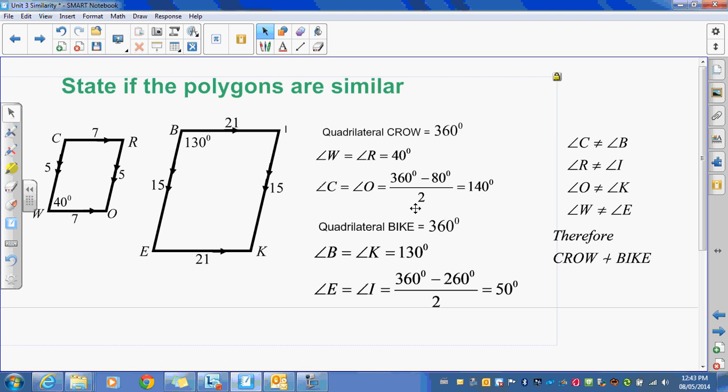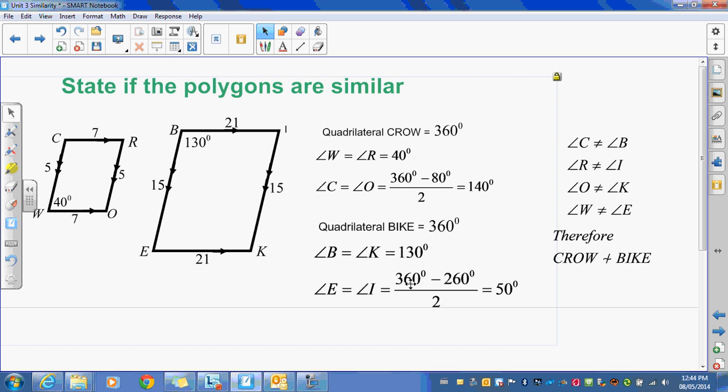Now, we need to do the same thing with our second quadrilateral, bike. So now we're in quadrilateral bike. Once again, we have 360 degrees. Once again, opposite angles are congruent. Therefore, we know that angle B is congruent to angle K, and is equal to 130 degrees. Now we need to find out how many degrees there are in angle E or angle I. We know that angle E is equal to angle I because they're opposite each other.